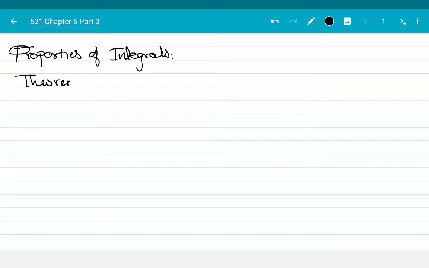Theorem 6.12, part A. Suppose f1, f2 belong to R alpha on [a,b].